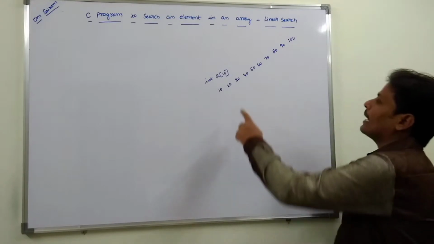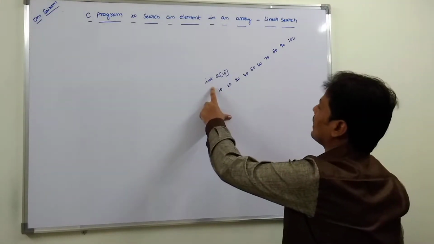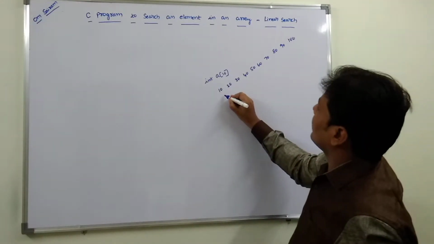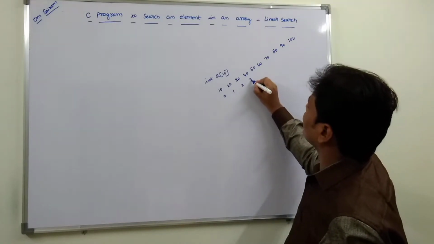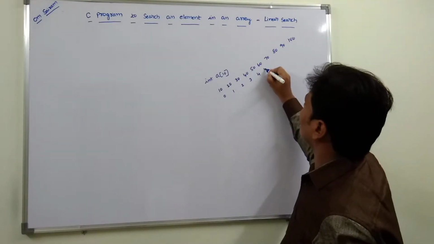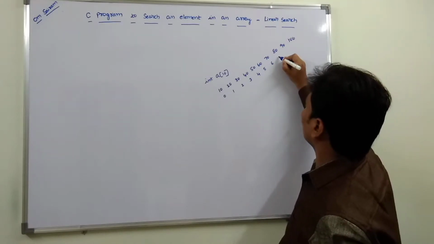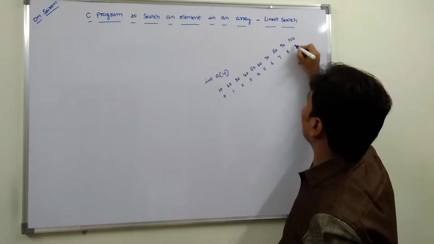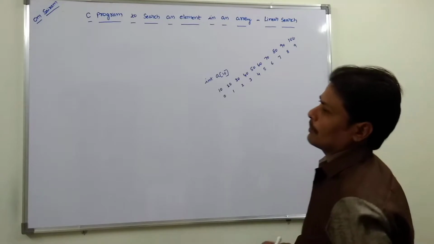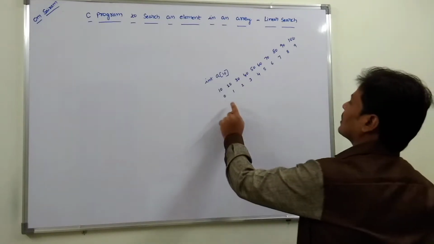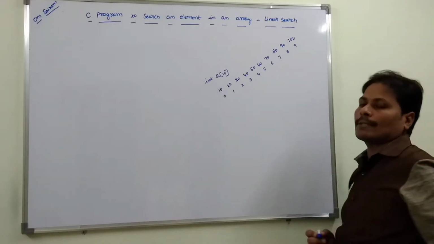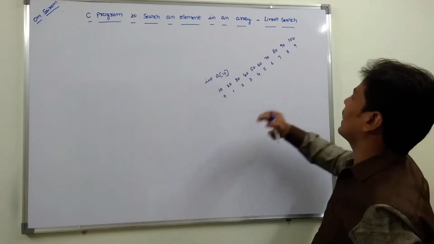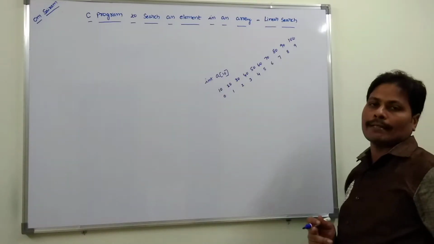So there are 10 elements in the integer array. This is the 0th position, 1st position, 2nd, 3rd, 4th, 5th, 6th, 7th, 8th, 9th position. An array starts with the 0th element and ends with n minus 1. That is, n value is 10, 10 minus 1 is 9.